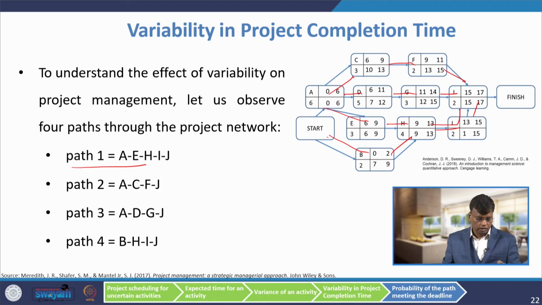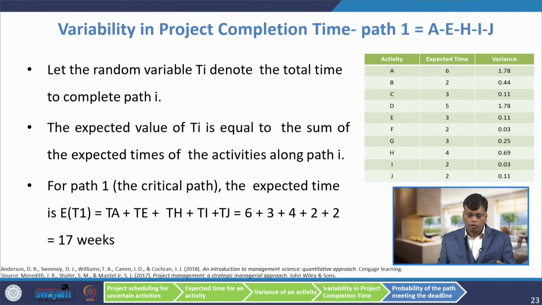That path is the critical path. For a small network it is very easy to find manually, but if there are many activities, you have to follow the forward and backward pass to find the critical path. Now, we will consider the variability in project completion time for A, E, H, I, J. Let the random variable T_i denote the total time to complete path i.